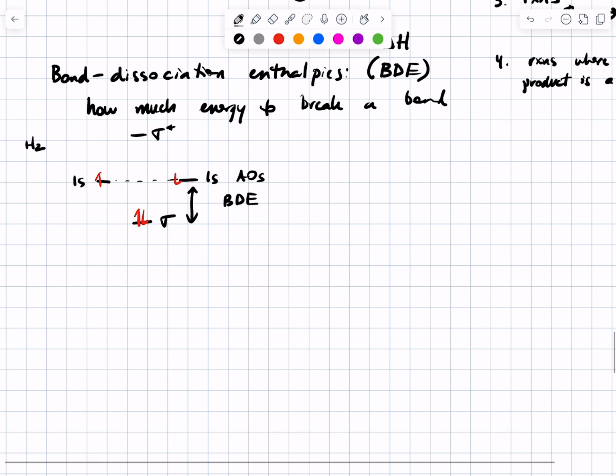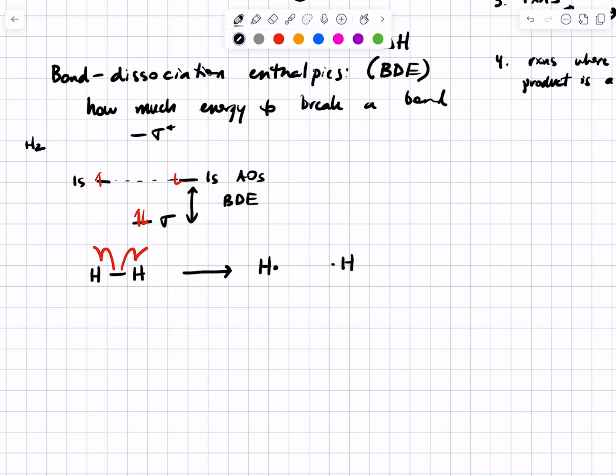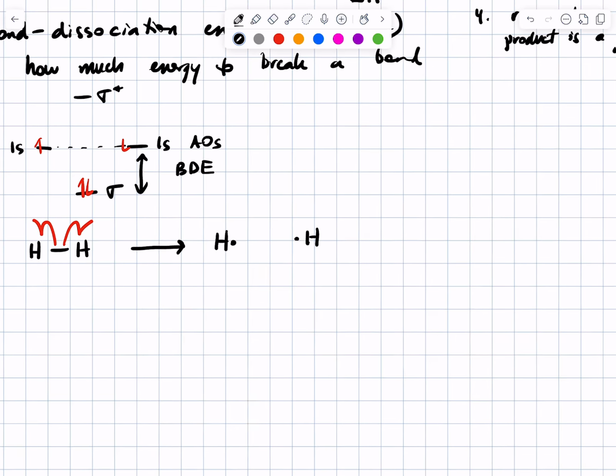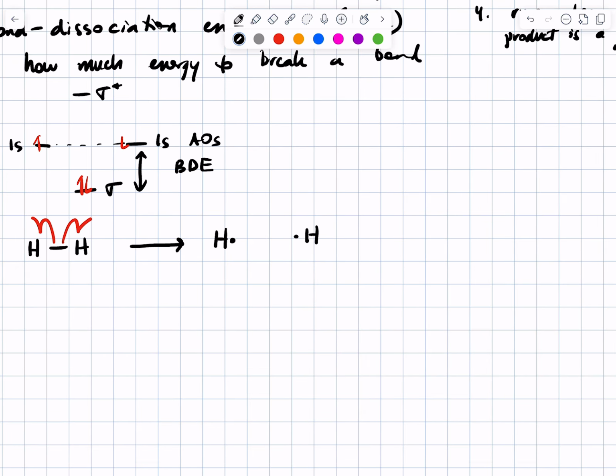So, for example, for hydrogen, the bond dissociation enthalpy for this reaction, where you break the bond between the two hydrogens, and each hydrogen takes an electron and then moves on, equals plus 105 kilocalories per mole. If you prefer kilojoules, it's about 4 kilojoules per kilocalorie per mole.